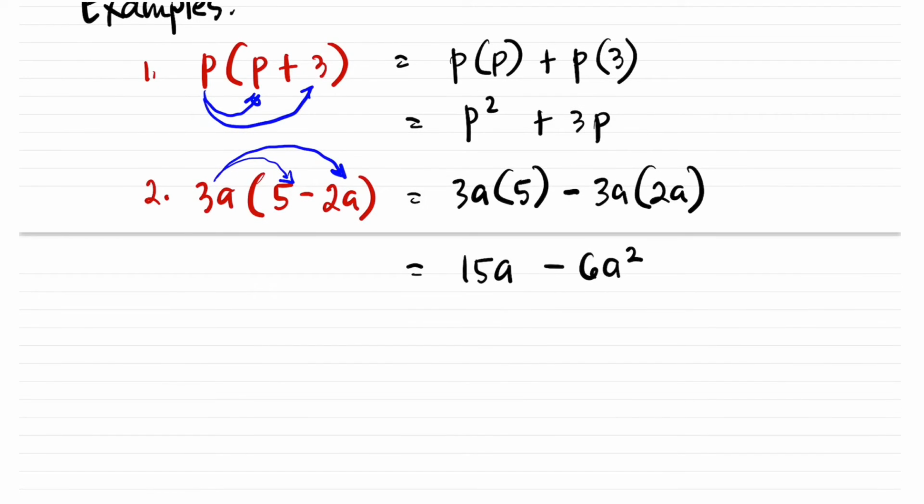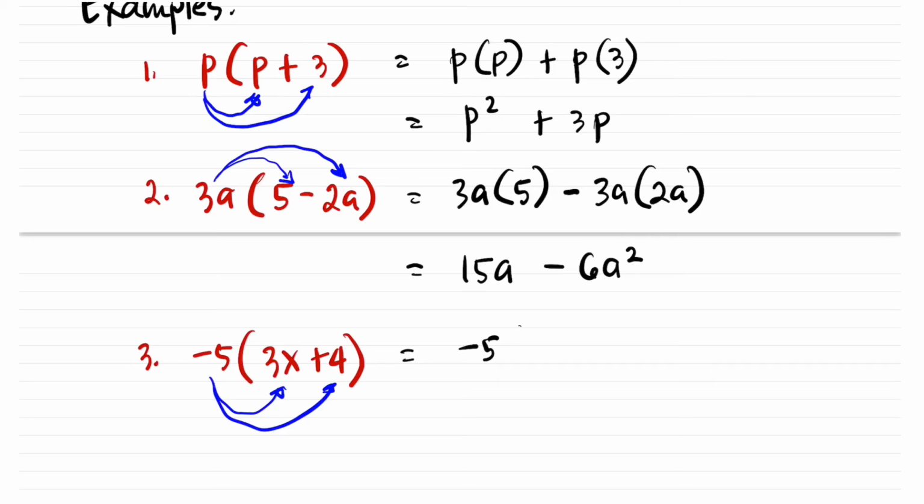Okay, next example, if we have negative 5 times the quantity 3x plus 4, again we distribute this inside. So therefore our new equation would be negative 5 times 3x plus negative 5 times 4.